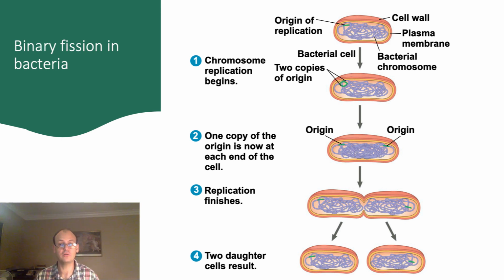Bacteria don't have microtubules like eukaryotes do, so this migration of the origin of replication is important for separating the two or more chromosomes. After the chromosomes are in the opposite ends of the cell, the cell pinches off and the two daughter cells are independent.